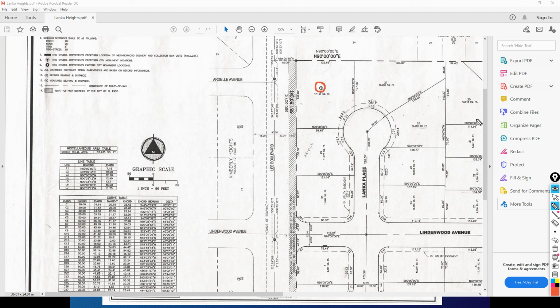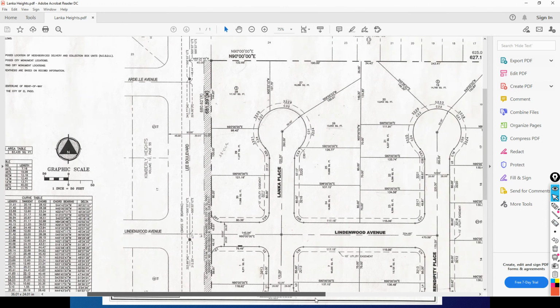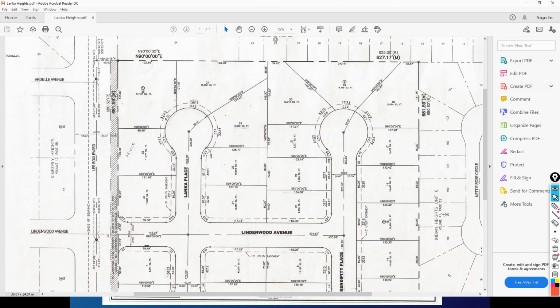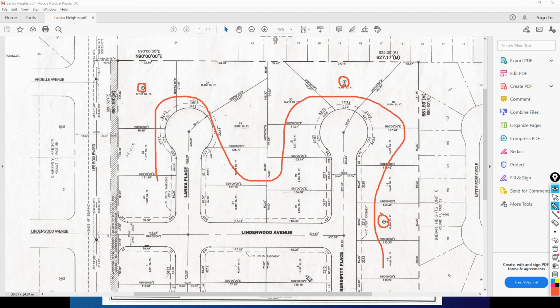And there's another little number 1 in a circle. I'm trying to find it, and I probably should have panned it over a little bit better. So all throughout the subdivision plat, you'll see a 1. You'll see another 1 right here. We'll see another 1 right in here. So all of this whole area is all block 1. And even down here, I can pan over here and show you that all of that is block 1.